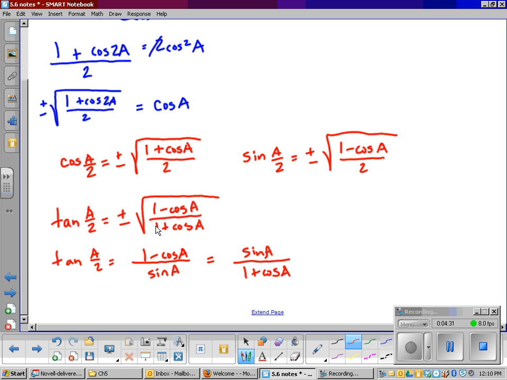Notice if you can get this one based on your sine over cosine, then to get these without the radical and the plus or minus, you just take this numerator and let it be your numerator without the radical over sine A. And then your sine A is by itself, either in the denominator or in the numerator. And then the denominator here has 2 terms, and it matches the denominator of this version of the tangent A over 2. Next, we're going to use these identities in the same ways that we've used the other identities.